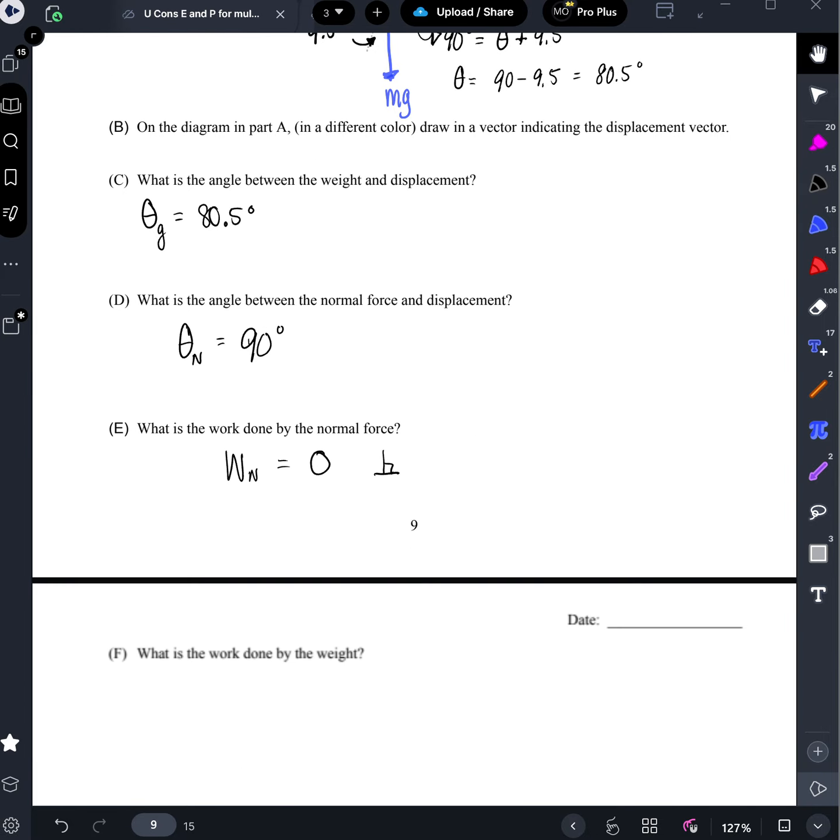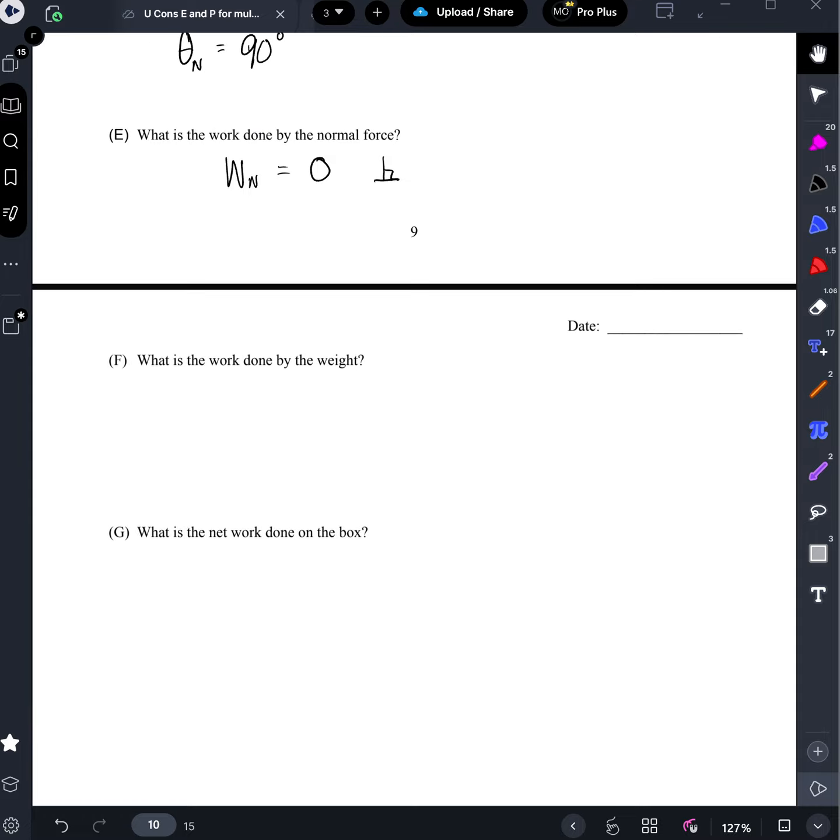Then we can look at what is the work that's being done by the weight. Work done by gravity, which would be the work done by the weight, would be the force of gravity, which is mg, times the displacement d, times the cosine of the angle in between them.